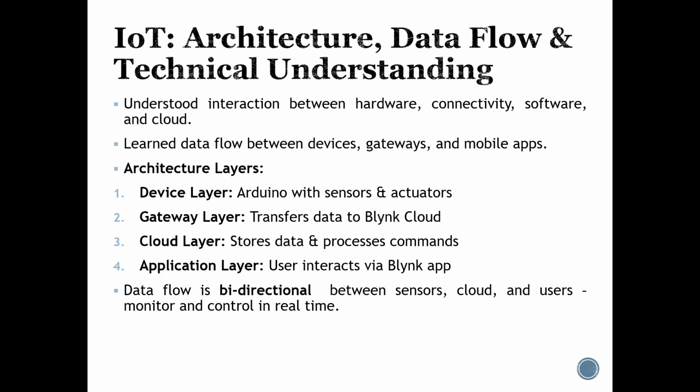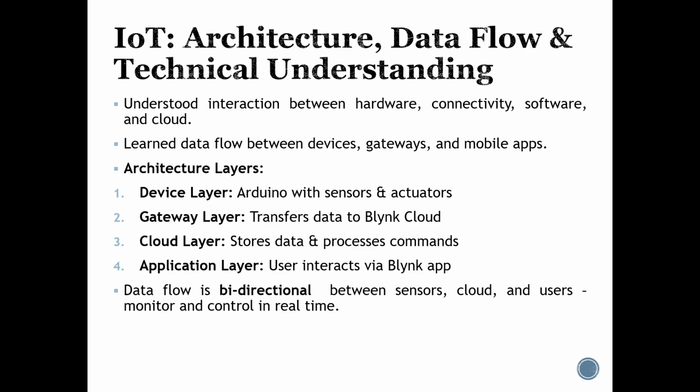Now coming to IoT architecture. IoT architecture typically has four layers: device layer, gateway layer, cloud or server layer, and application layer. The device layer is where sensors and actuators collect data and execute commands. The gateway layer transfers data to the internet securely. The cloud or server layer is where data is stored, processed, and analyzed.